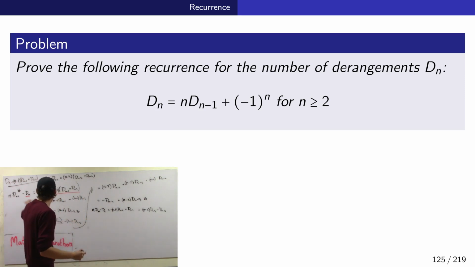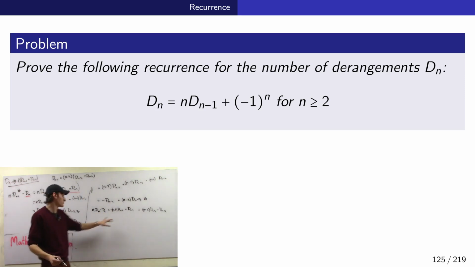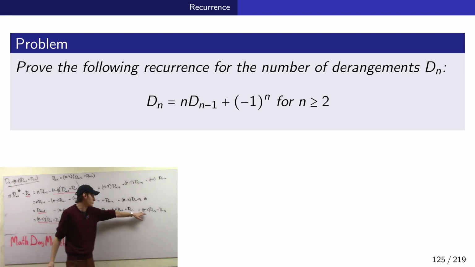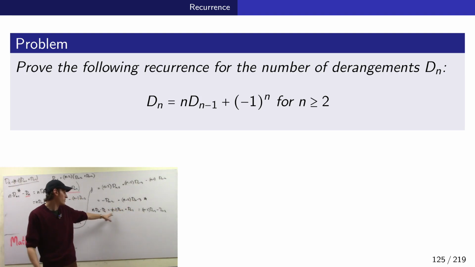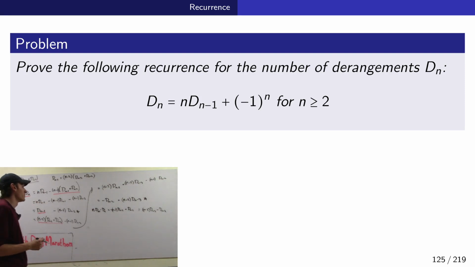This is my first starred piece. This here is my second starred piece. This here is the third starred piece. And I might have rearranged them a little bit, but it's just commutativity of addition. Okay, so what does this mean? That's a good question.